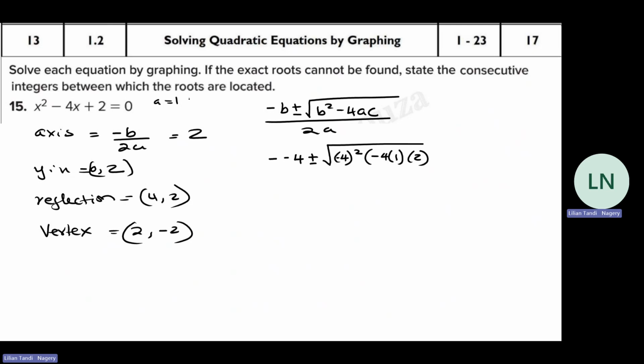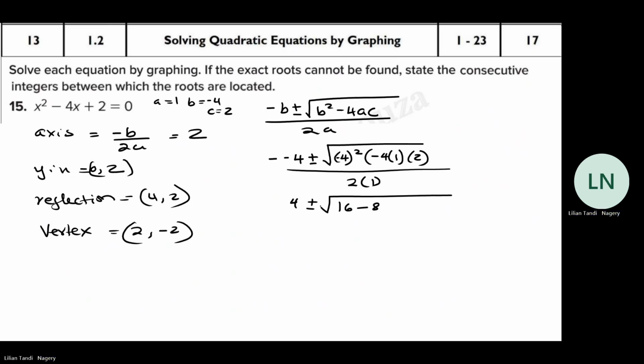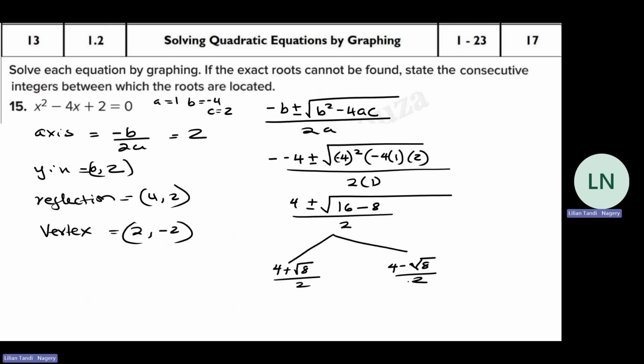A is 1, B is negative 4, C is 2, over 2A. So I got 4 plus or minus the square root of 16 minus 8 over 2. Then I'm going to do it 2 times: 4 plus the square root of 8 over 2, and 4 minus the square root of 8 over 2.